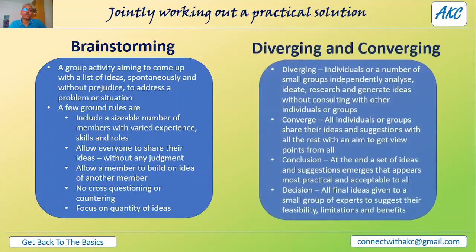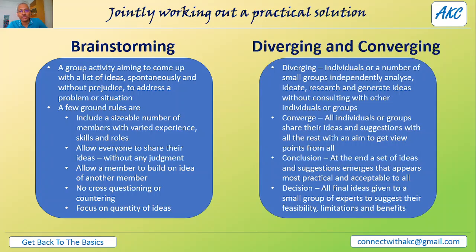Another tool is called diverging and converging. Typically, when we have a much larger team, let's say some 1,500 members, then doing brainstorming at that size becomes more challenging. So you make smaller groups. Sometimes the groups could be based on function, one architect group, one domain specific group, an operations group.